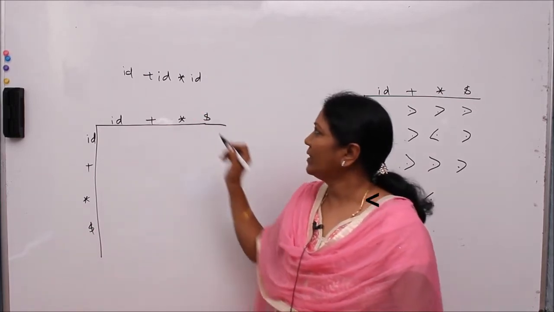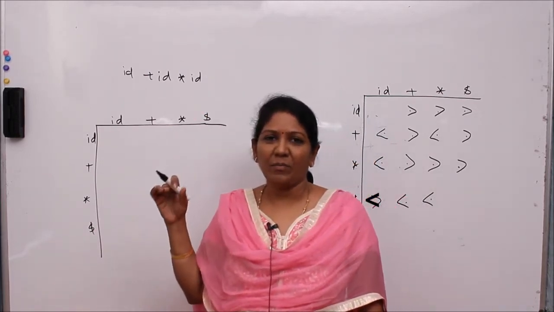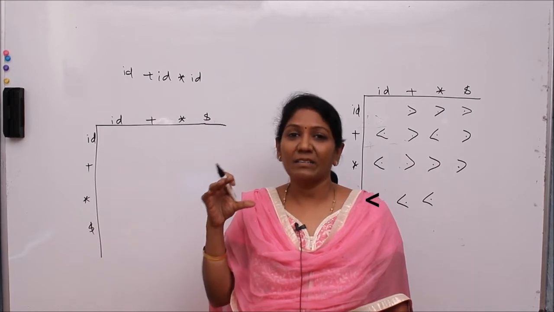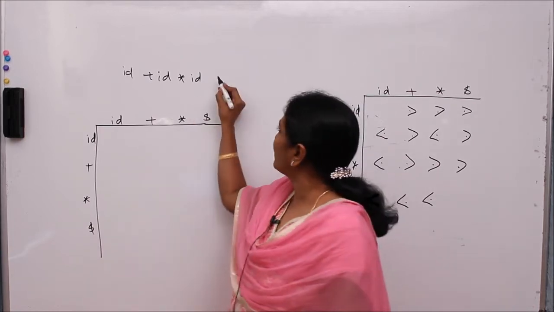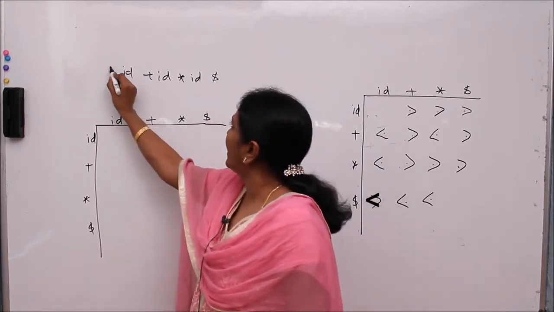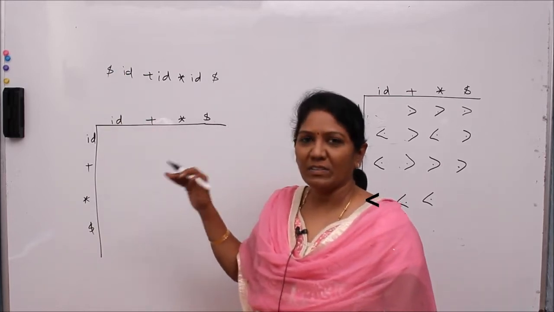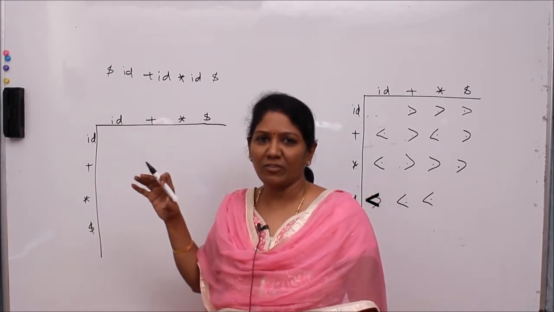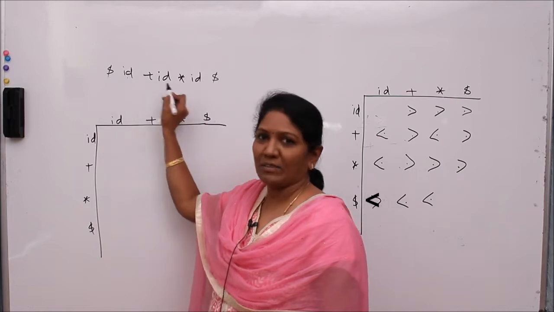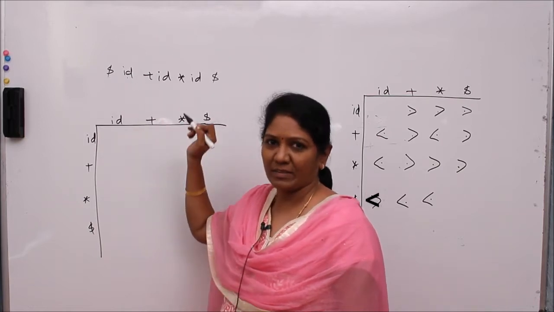Given this string, at the first step, what is the handle that is detected here? First, insert this between two end markers. The simplest handle to be identified here is IDs. All the IDs are to be reduced at the first level.